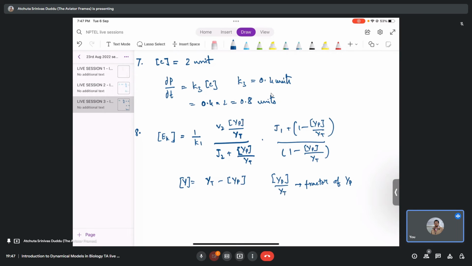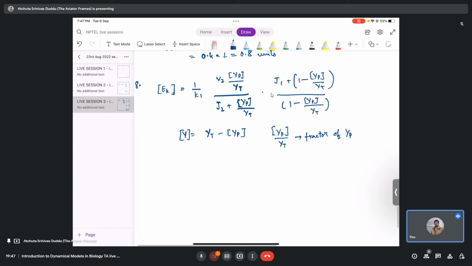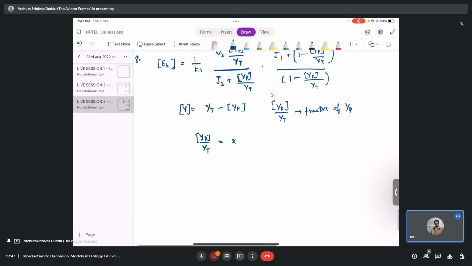Now let's just take this to do with the form of the equation to see how it behaves as an on-off switch. Let's just take yp by yt equal to some x, that is our variable of the system, just to observe the form of the function, and ek we represent as some g. So we are writing some g of x, right?